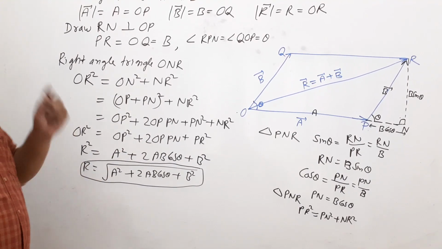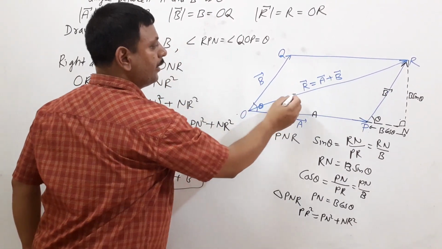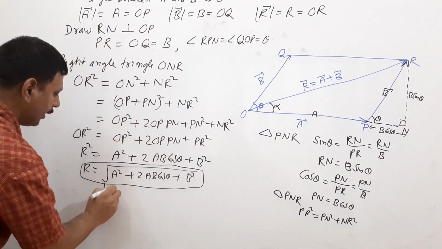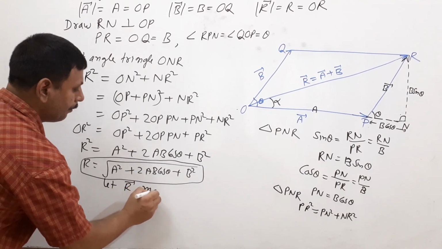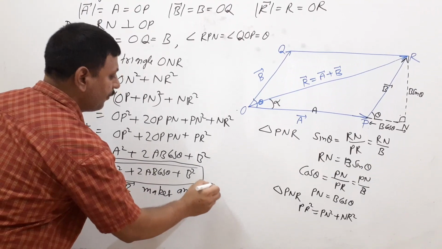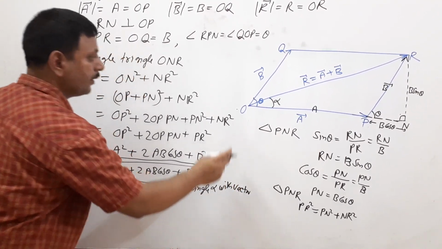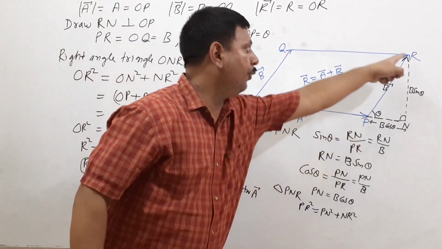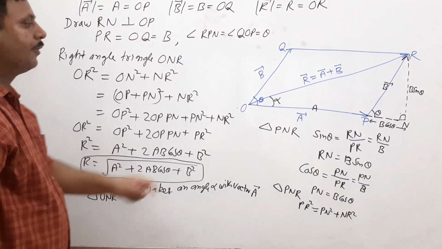See here, what will be the direction? Suppose this resultant vector R makes an angle alpha with vector A. You can see here in this triangle ONR, what is tan alpha?